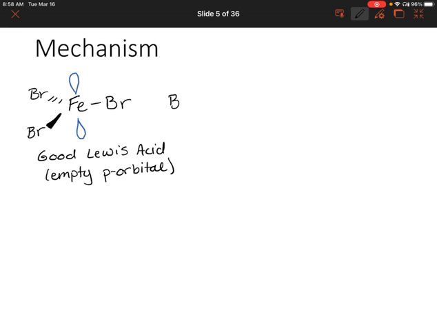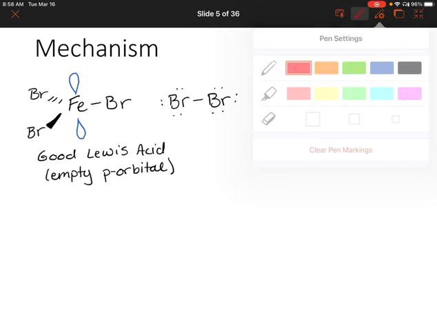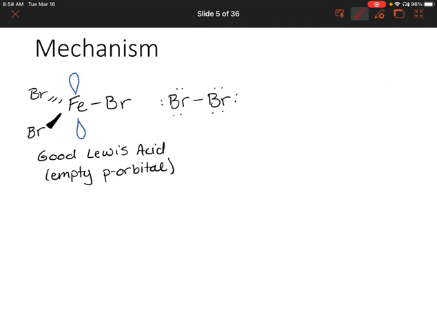So if we add Br2 to our system, remember we have a bunch of lone pairs here. So one of those lone pairs from one of the bromines can actually donate into that empty p orbital. And what we end up forming is an adduct.